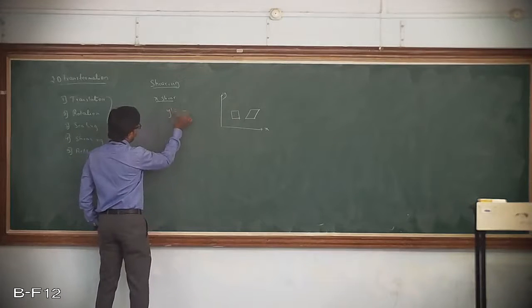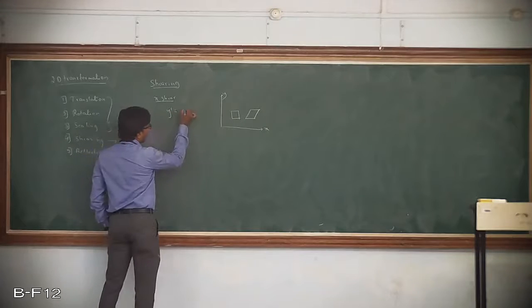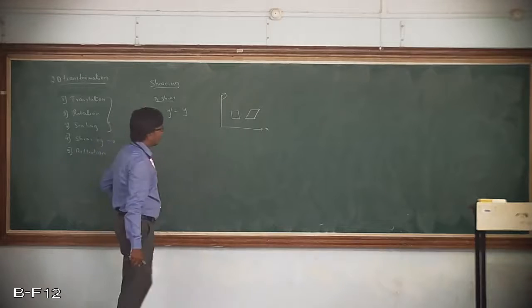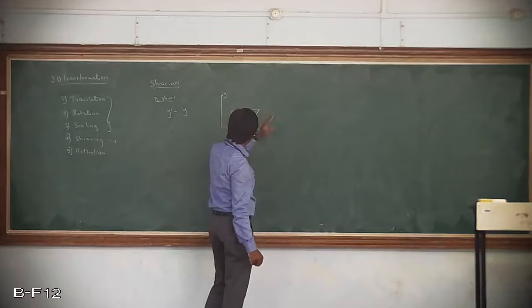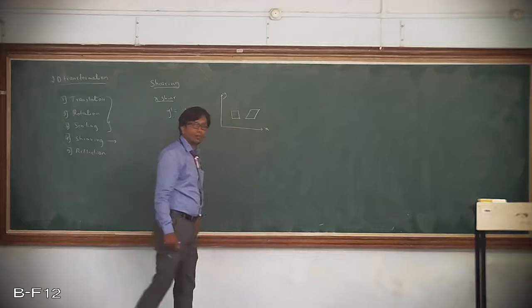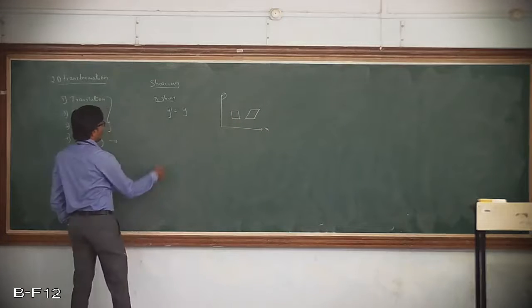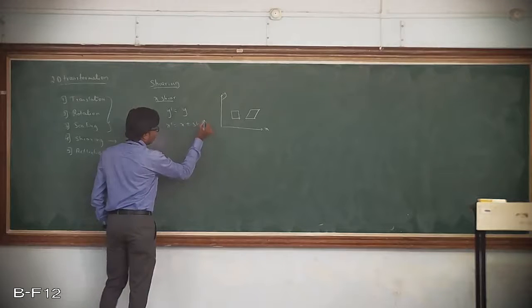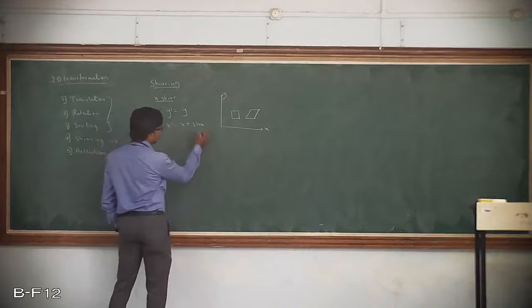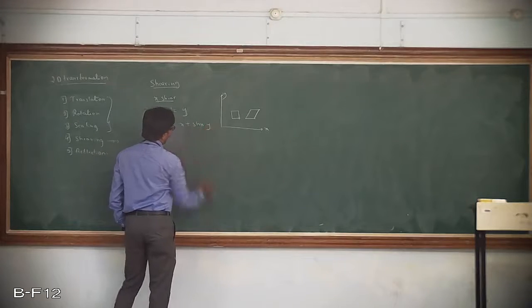So y dash will be equal to y. Y dash doesn't change its coordinates, only the x coordinates change. Because of that, the shape of the component changes. So x dash will be x plus shearing, how much we are trying to shear it, that is called a shearing parameter, into y.